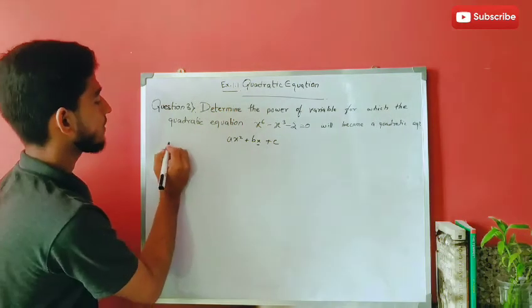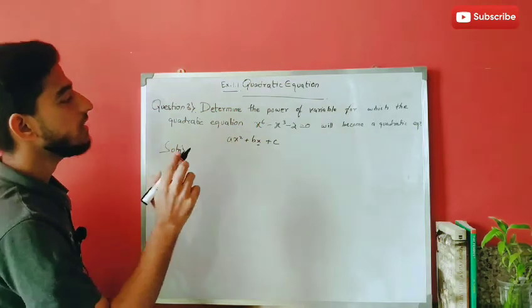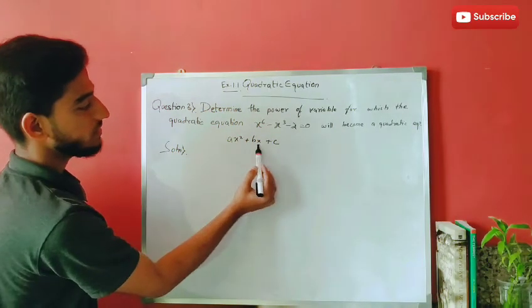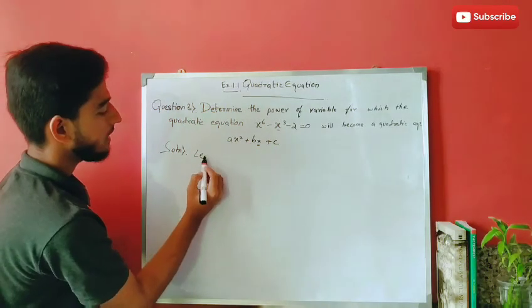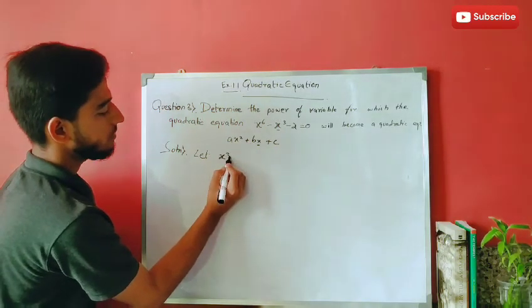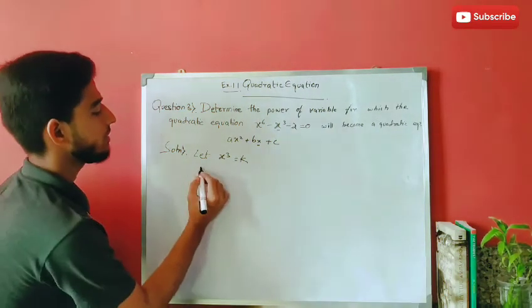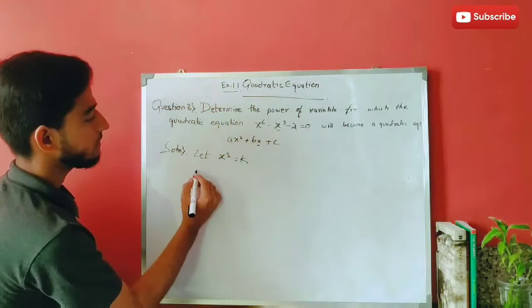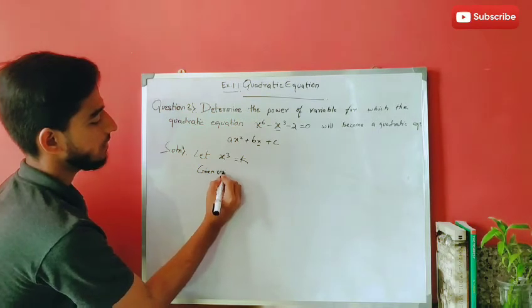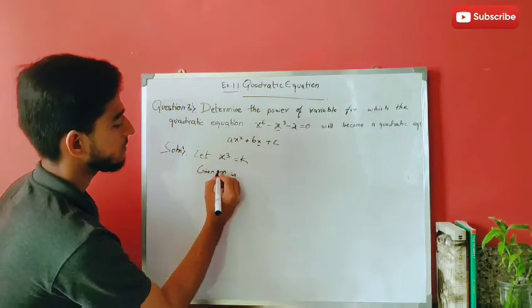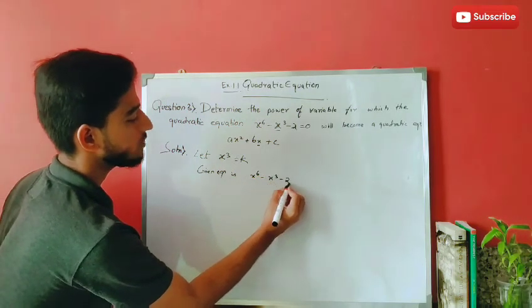So let's start. We can see that in place of x square it is x cube. So we can say let x cube is equal to k. K we are taking as a variable. The given equation is x to the power 6 minus x to the power 3 minus 2 is equal to 0.